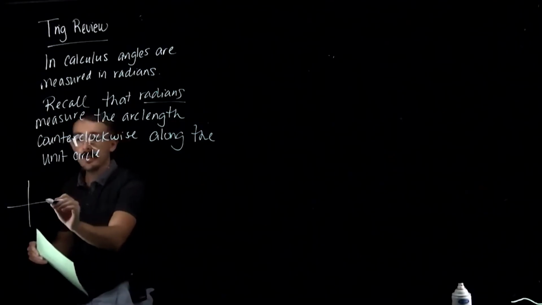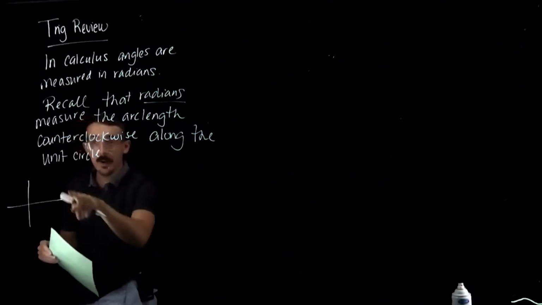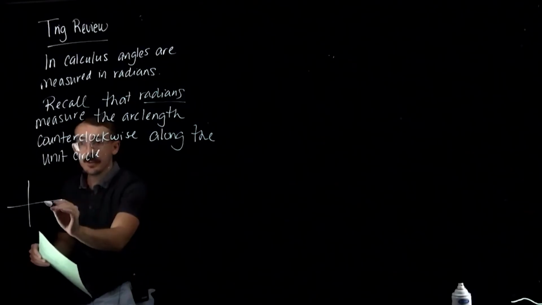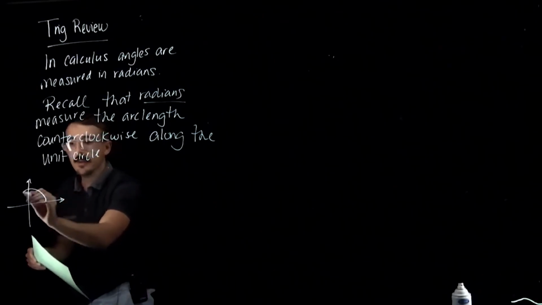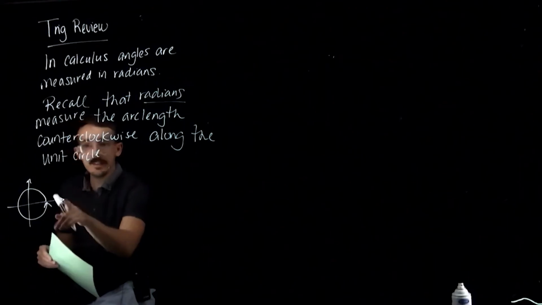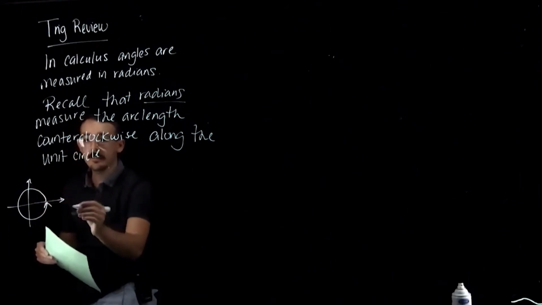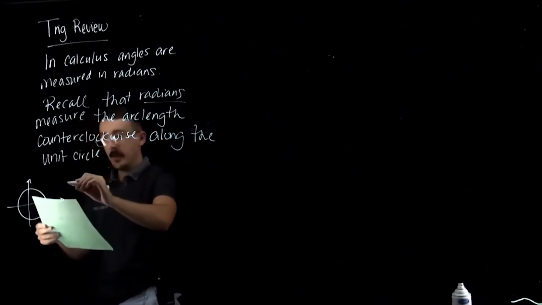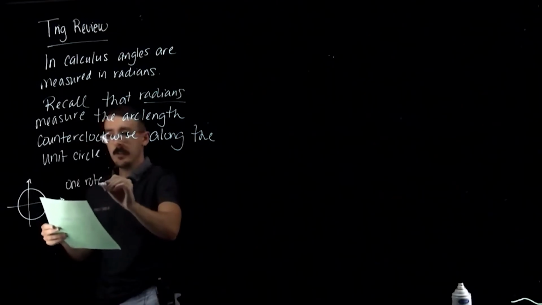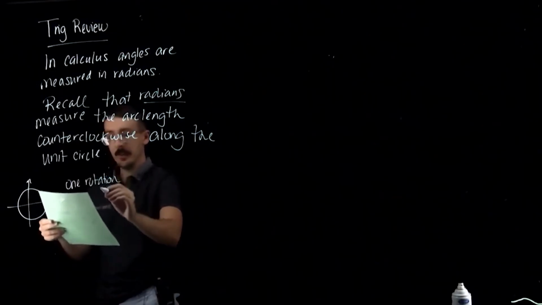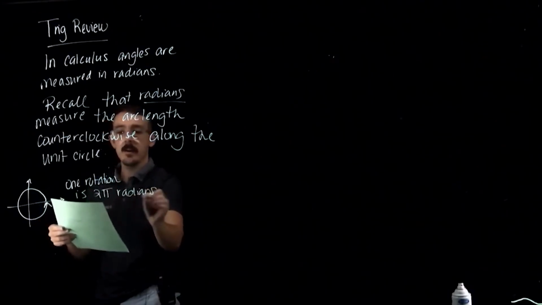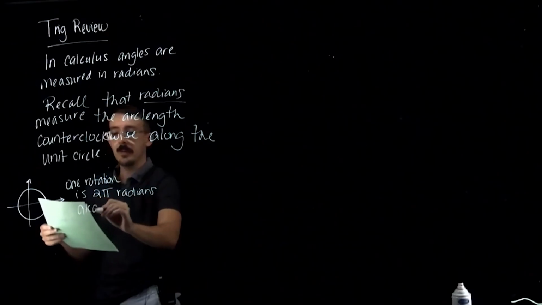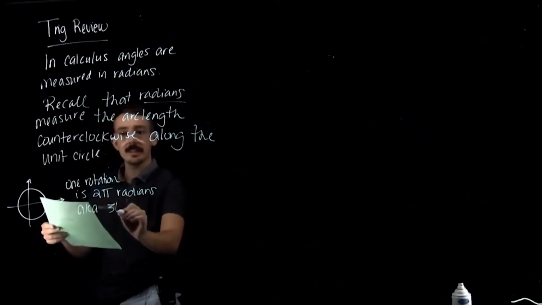The unit circle has radius 1, and you start your angle measure right here at the x-axis on the right side, and you begin moving counterclockwise like this. So that is the direction that an angle is measured in. And one full rotation counterclockwise is 2 pi radians, or also known as 360 degrees.